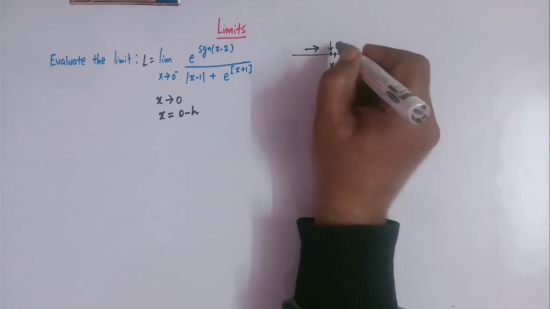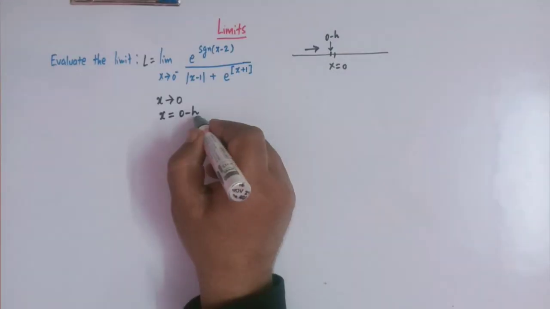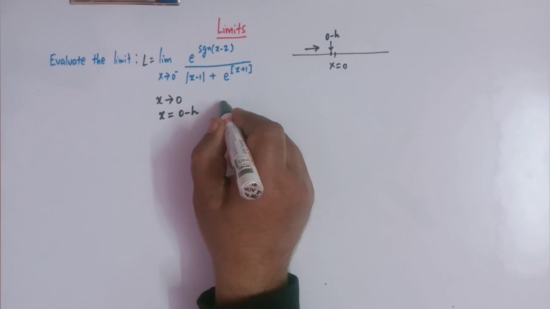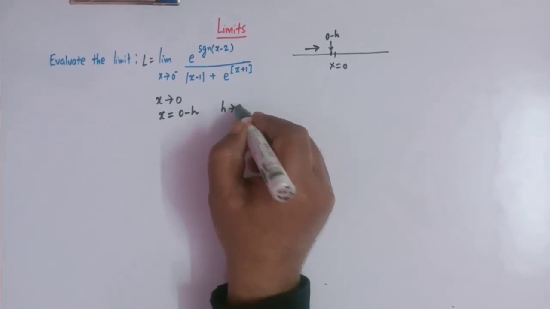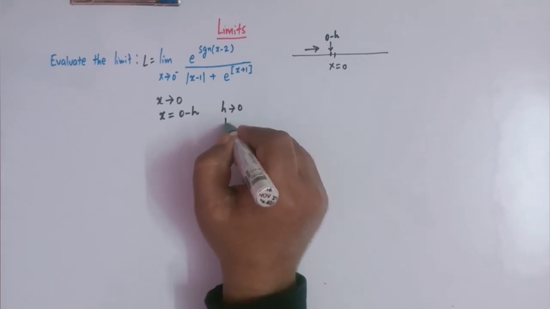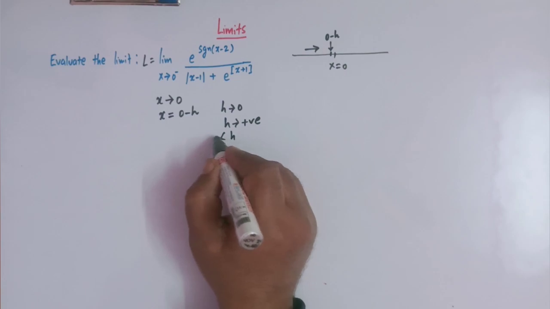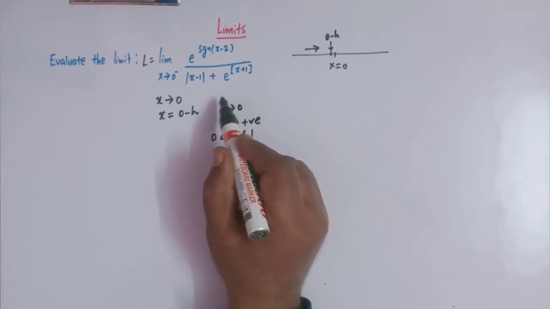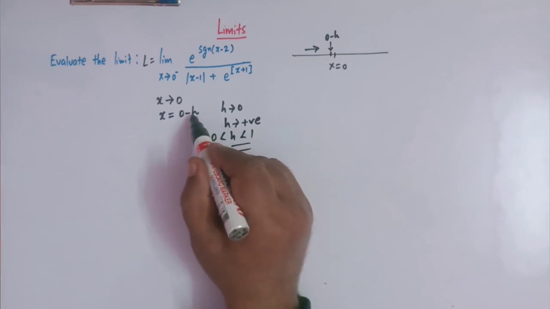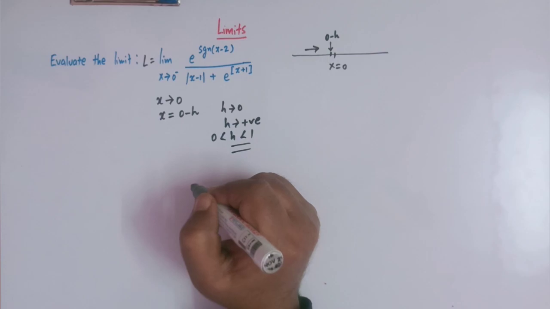Here h is a very small quantity, and when x tends to 0, h tends to 0. h is a positive quantity and it lies between 0 and 1.